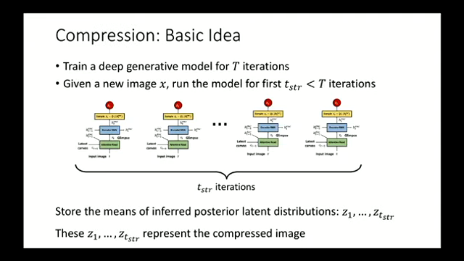Train a deep generative model for T iterations. Is that done first and then the decoding part, or is that trained at the same time? Yeah, here in the deep generative model, both encoder and decoder are trained at the same time for T iterations, for many samples. So T is the maximum? Yeah, T is the maximum, and that's a design parameter. You first define what T is, and T-store is always less than T.